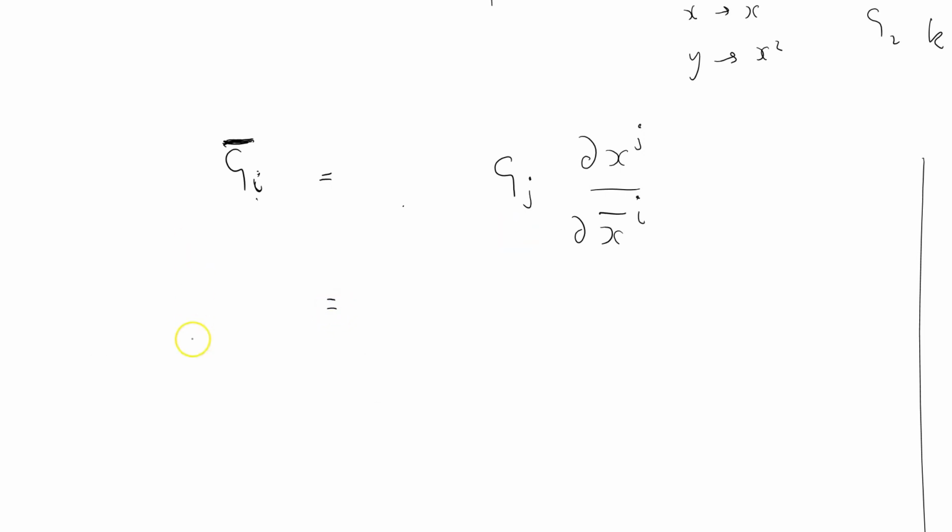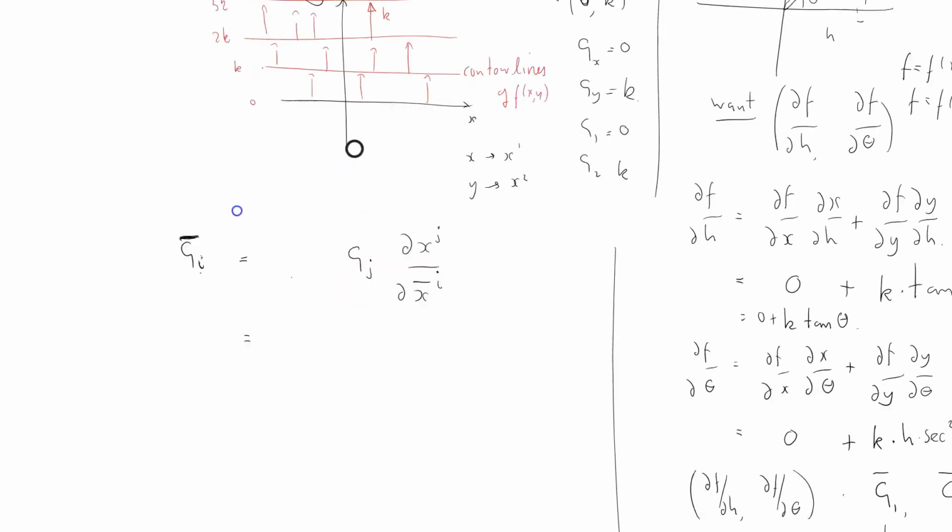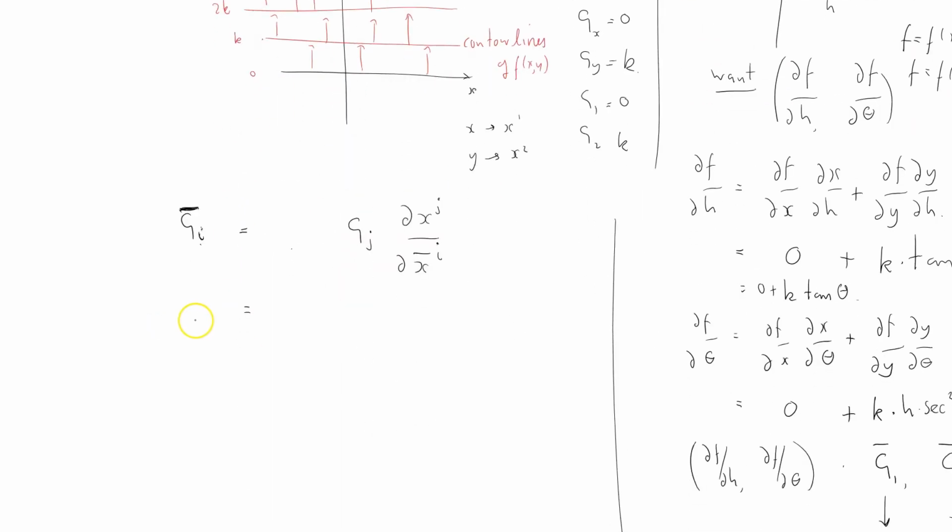Equals g_j. What components? What was g_j? That was 0 and k, wasn't it? So g1 bar equals g1 ∂x1/∂x bar 1 plus g2 ∂x2/∂x bar 1.